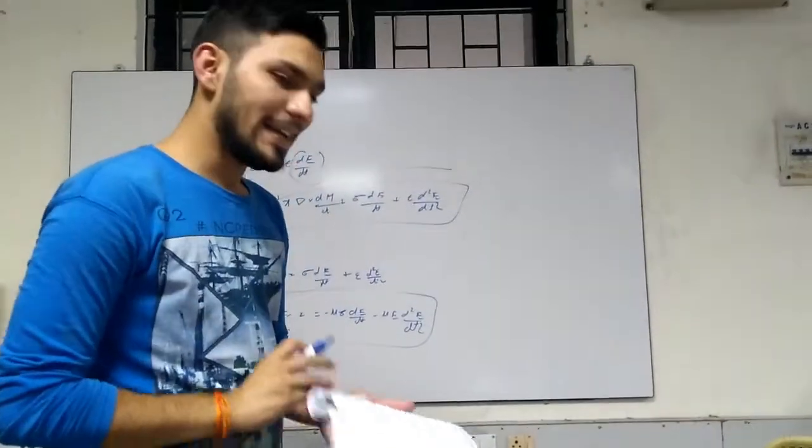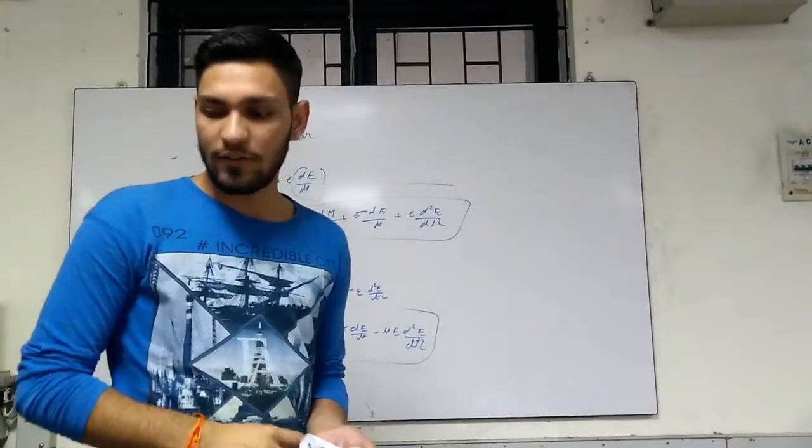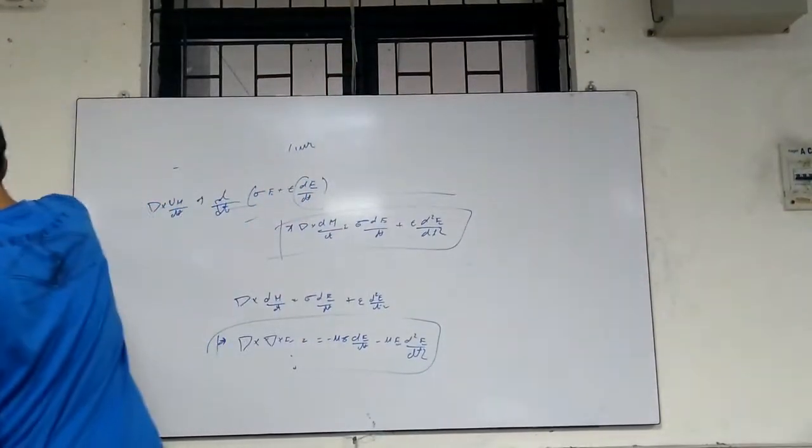And now operating del cross, that is the curl of the curl of the electric field, we can solve the remaining part.